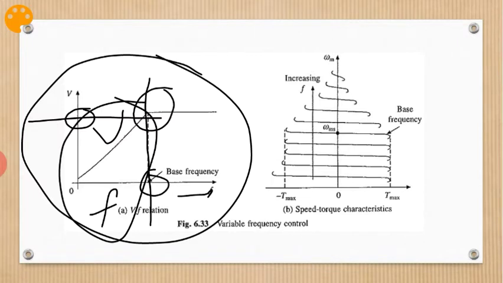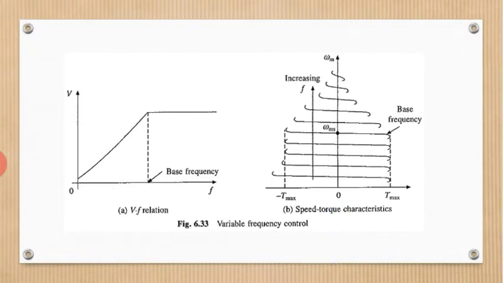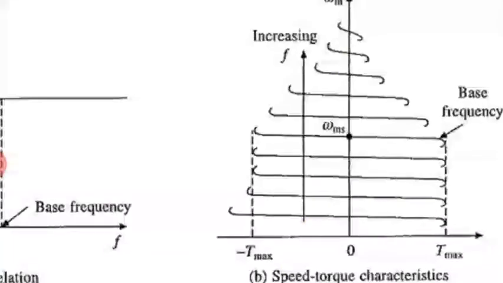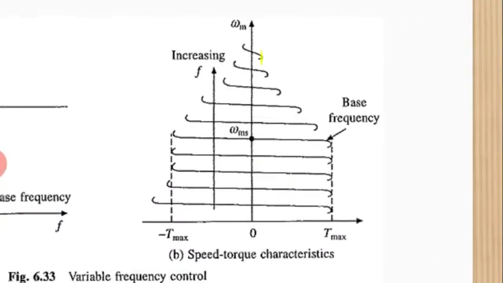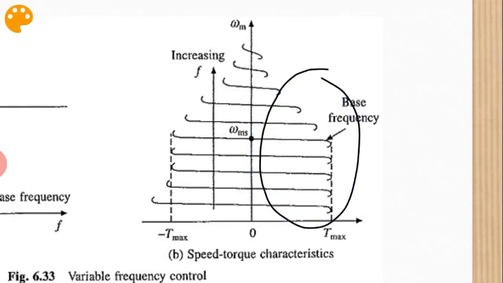Now the figure B here is plotted, speed versus torque. We can see here the motoring operation. Negative torque is nothing but the braking operation.